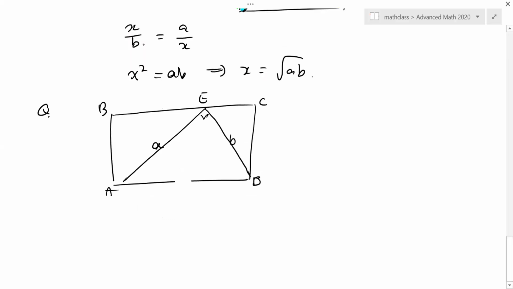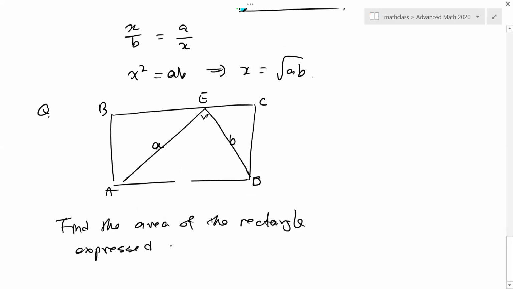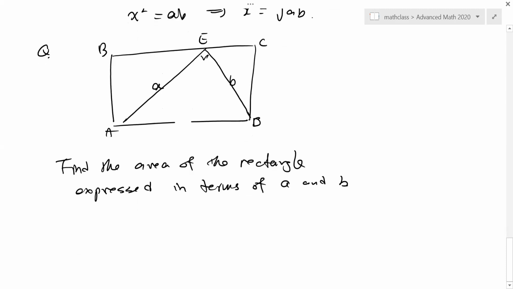Find the area of the rectangle and express it in terms of A and B. We're going to find a formula. Maybe you can find it in two different ways.